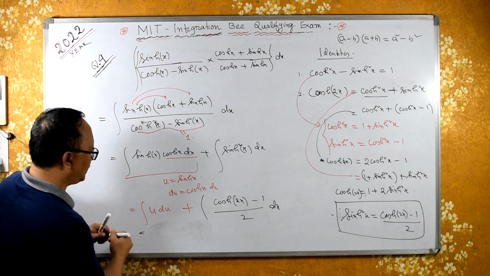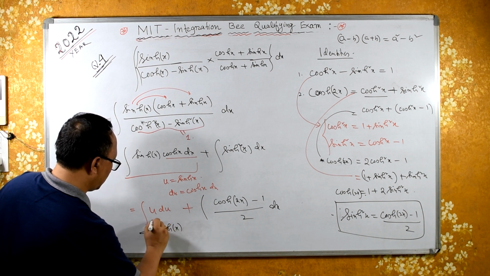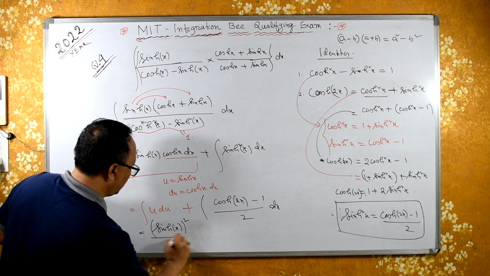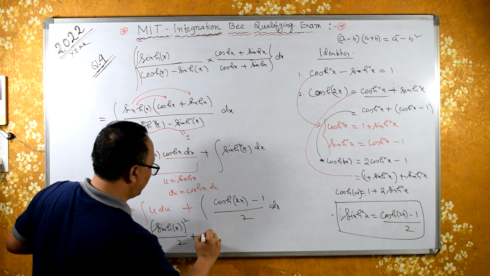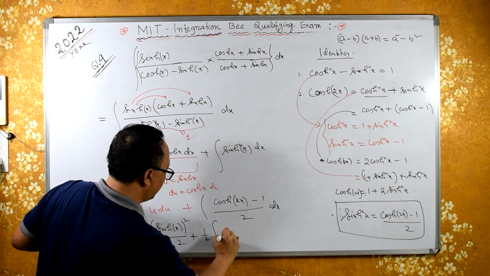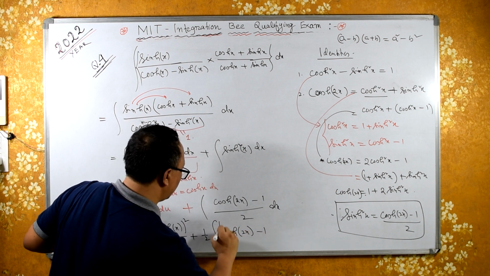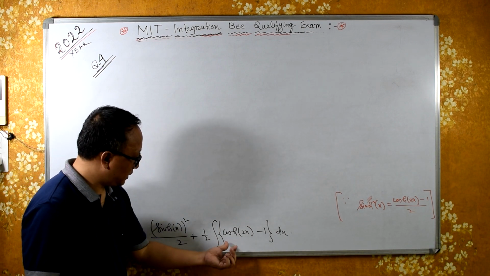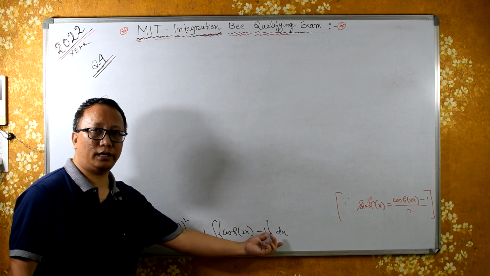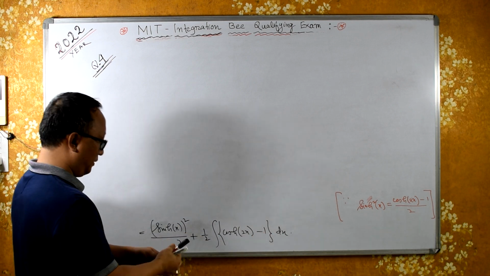So I can write (sinh x)² upon 2, plus, for the time being, half the integral of cosh 2x minus 1 dx. This integral is remaining; this integration is over.